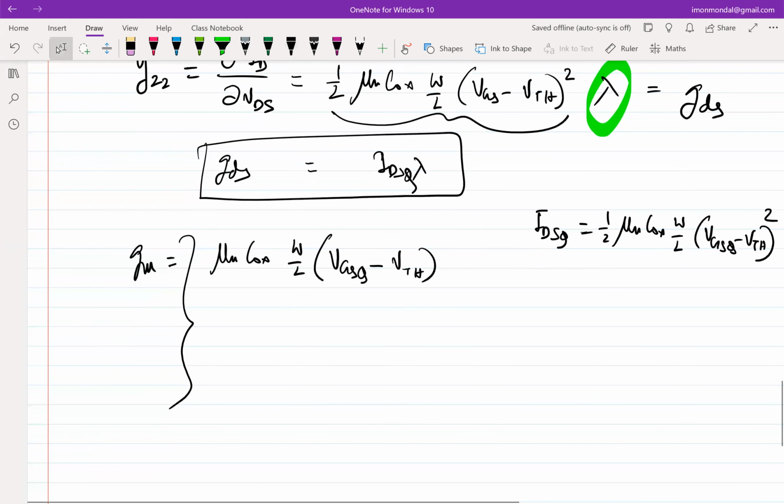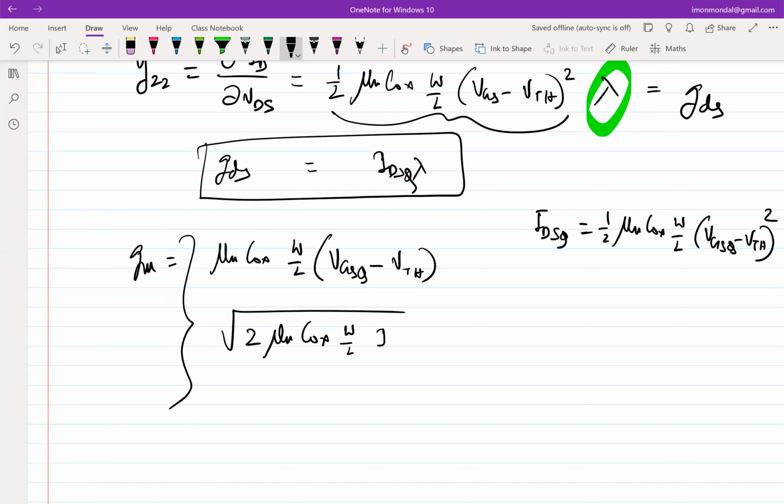If I plug in the value of VGSQ minus threshold voltage from this equation, what should I get? Yes, GM equals under root of twice mu n C ox W over L times IDSQ. So this is another equation of GM which is also very popularly used, and it will come in handy.